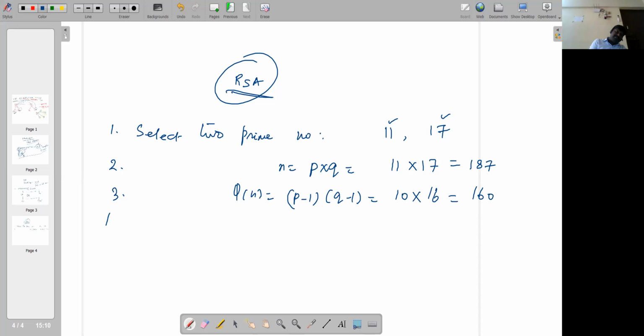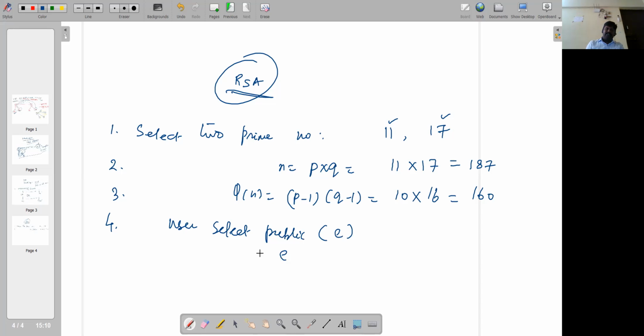Now the fourth step is that the user needs to select a public key. Say for example, we are doing it for the receiver. With the help of these values, now we are going to do some calculation. If the user selects a public key E, what is the condition?